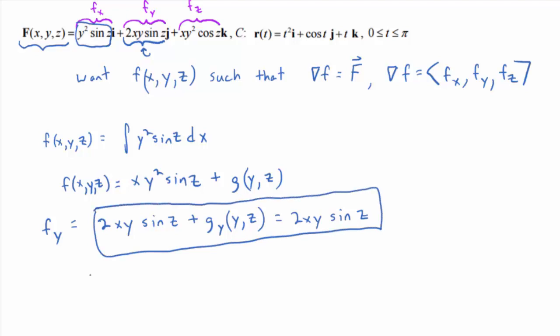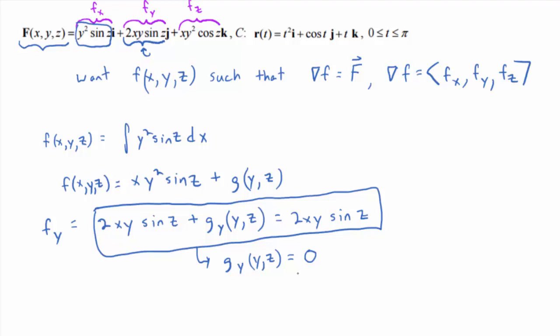What happens if I move the 2xy sine z from the right side to the left side by subtracting it? What's left? g sub y equals 0. So all that means is the derivative of g with respect to y is equal to 0.